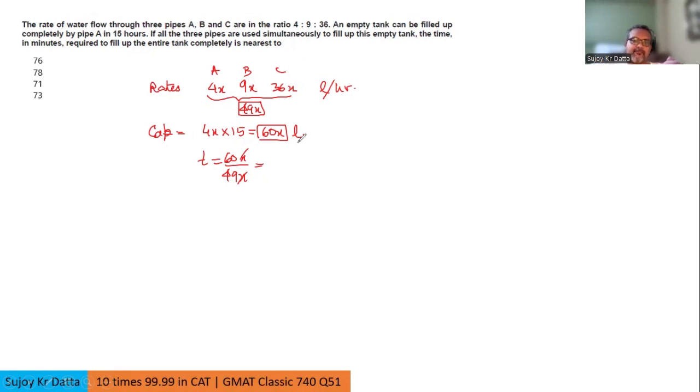So this is almost like 60 over 50, so that is 1.2. So it's very close to 1.2 hours, and that is slightly more than 72 minutes. So obviously it is not going to be 76 minutes. So the closest option is 73 minutes.